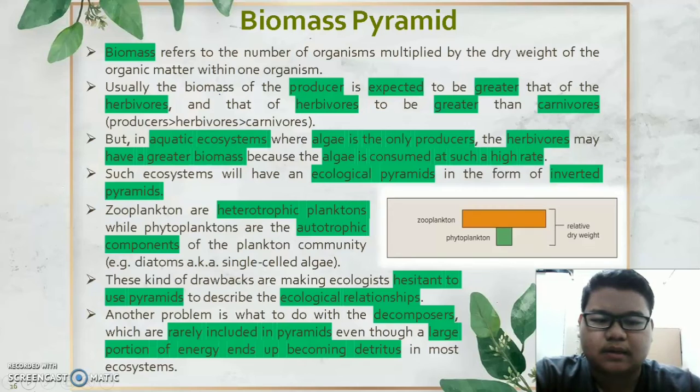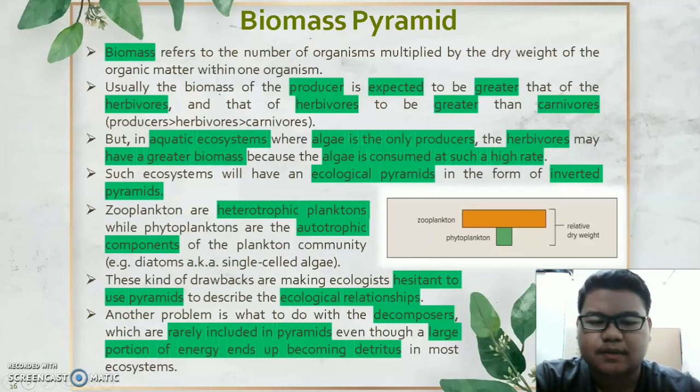As we can see, the inverted pyramid in the diagram on the right consists of two types of plankton. The first one is zooplankton. Zooplankton is basically the heterotrophic type of plankton, and phytoplankton is the autotrophic type of plankton, basically the producers, for example, algae.